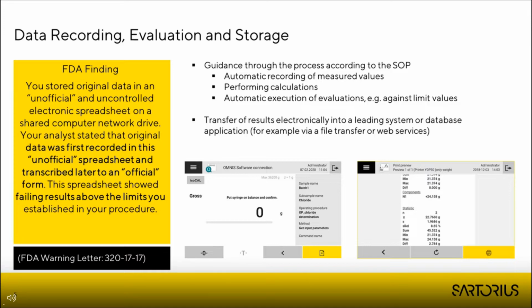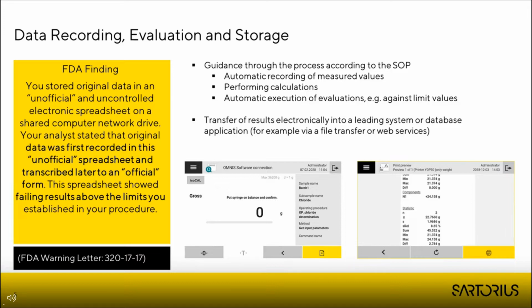If needed, you can define calculations in the workflow, so the user does not have to do calculations manually, and this also prevents a lot of error potential. And lastly, the digital workflow can also evaluate results and check if the results are within the given limits or specification.